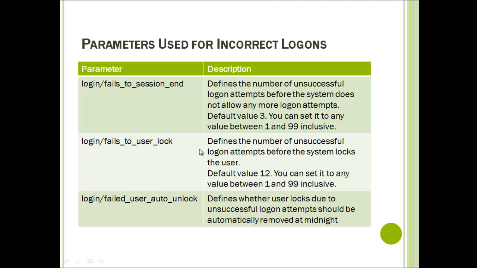Let's say in a scenario a user tried a wrong password 5 times and the user is locked. If this parameter is enabled, that particular user, locked with the flag 128 for too many incorrect attempts, will be unlocked automatically at midnight.